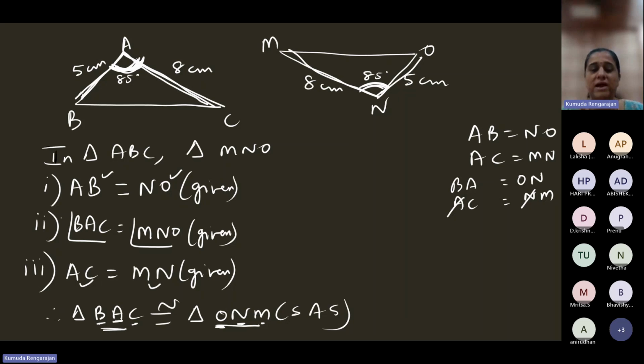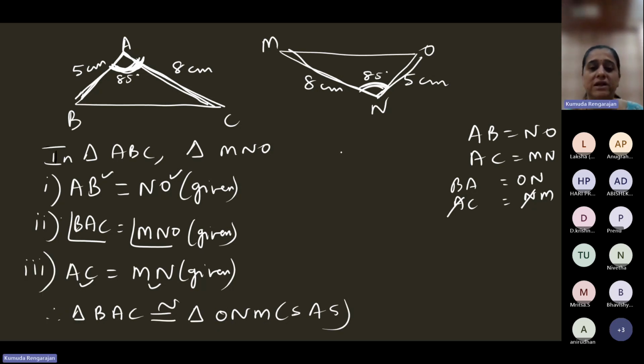The sides will overlap. Their boundaries will coincide.